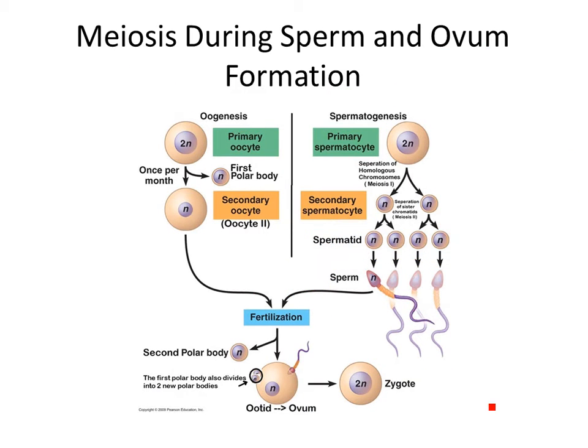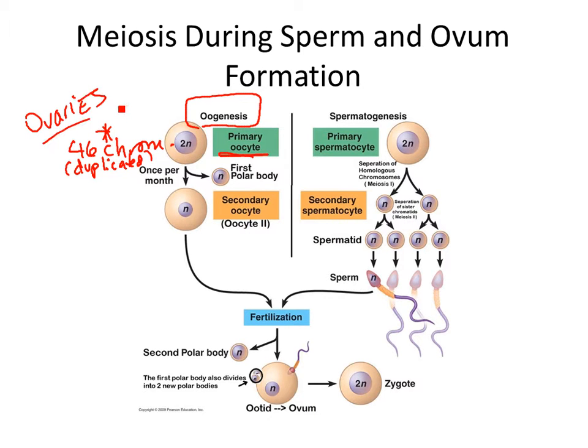All right, so let's take a little bit more of a look at what's going on in the female. And you're going to have a lot more details again with the female in future lectures. But in females, the process of meiosis is called oogenesis, and it starts with cells that are called primary oocytes in the ovaries.